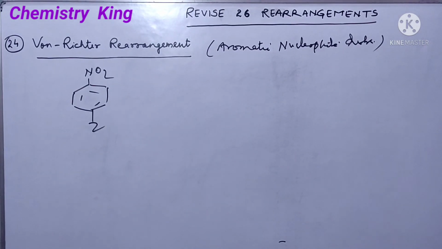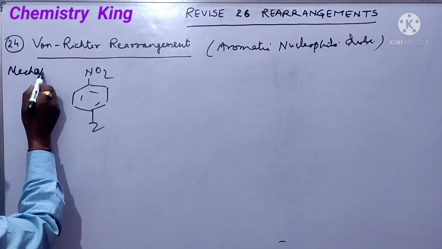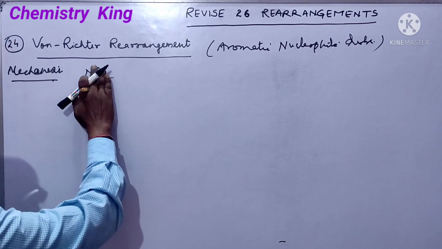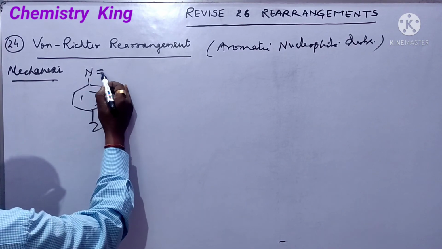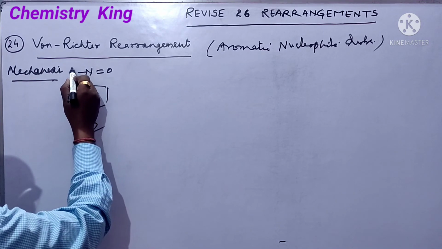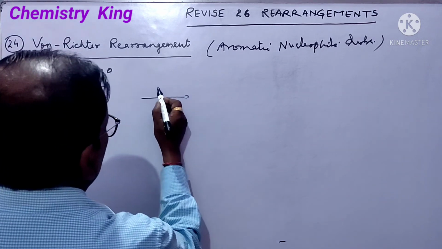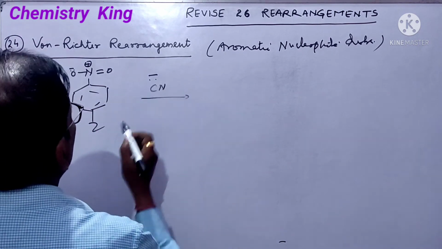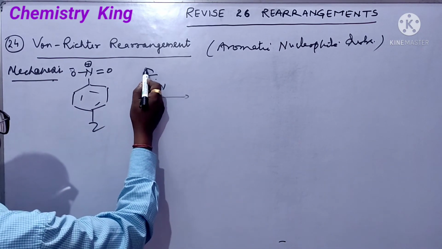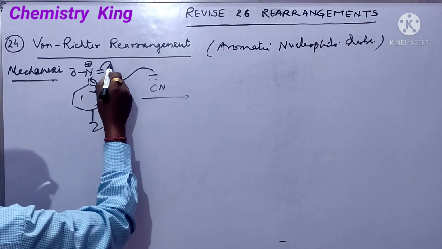Now we will see its mechanism. Okay. And here it is N double bond O minus N plus. Cyanide ion. It is cyanide ion. It will attack here. It will come here.